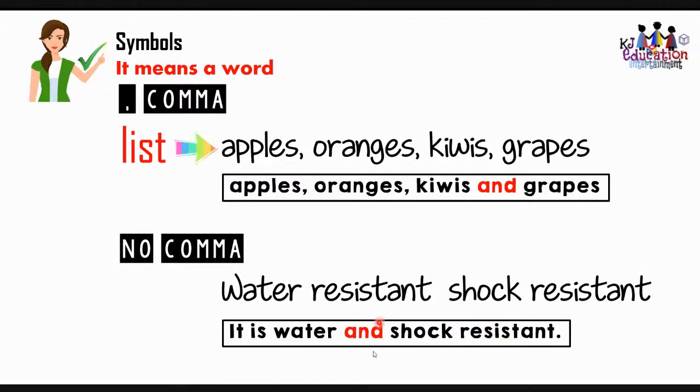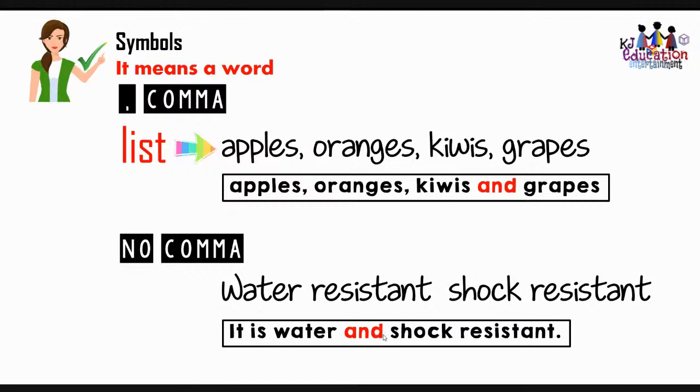That is how you join them. So remember, if there is a comma and if there isn't a comma, this is how you transfer your information. Remember, it means a word. That means something is missing there and you have to fill it in.